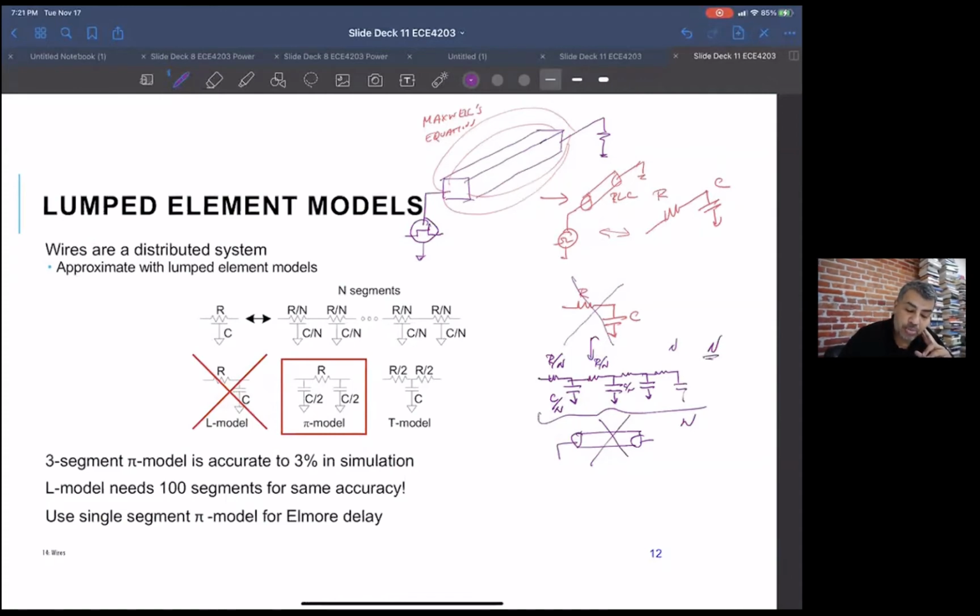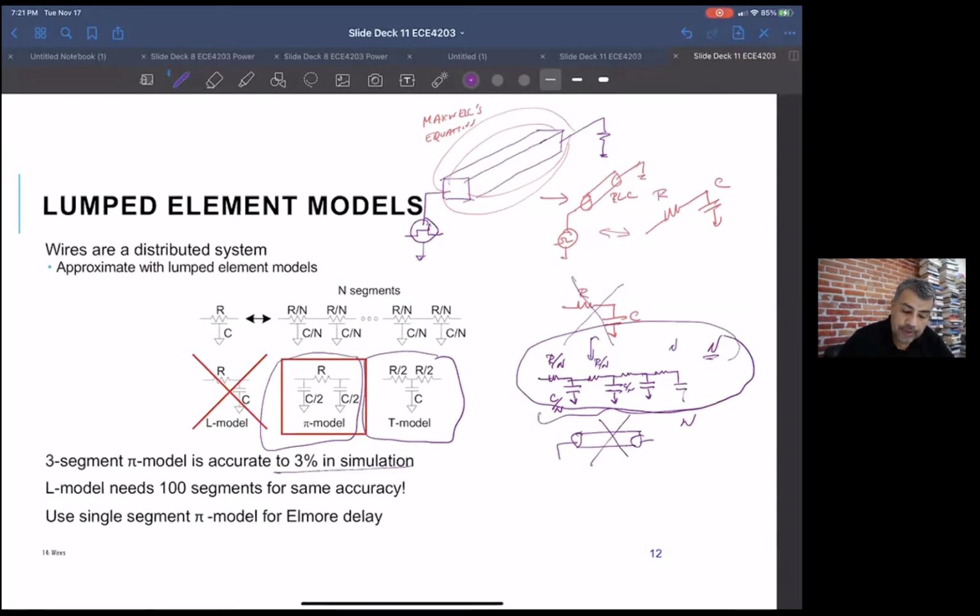If you remember the Elmore models from our delay lectures, there are a couple of amazingly efficient models called the pi model and the T model that are very, very close to something like this. For example, a 3-segment pi model is accurate to 3% in simulation of a long line. And this is what the pi model looks like.